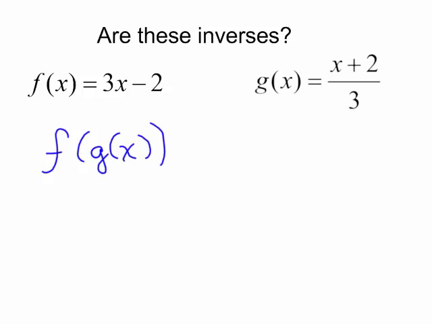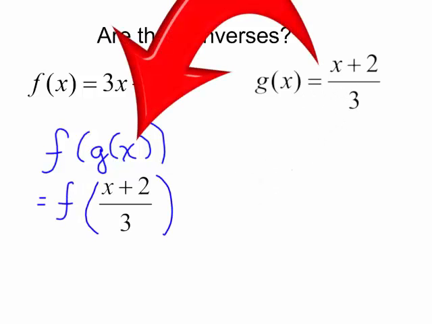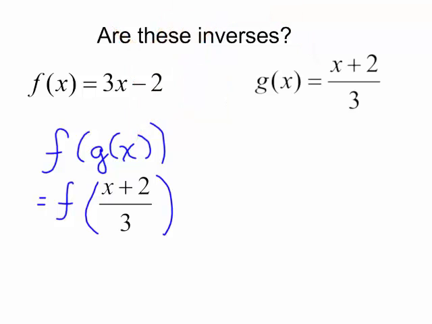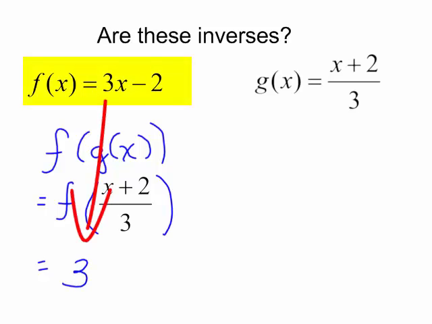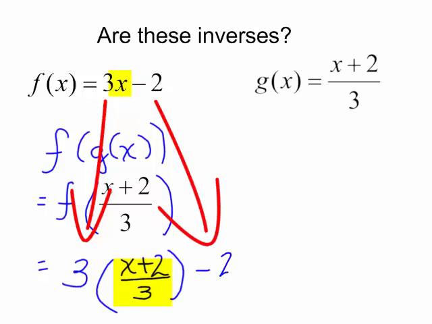So I will bring down my f, and g of x is (x plus 2) over 3. Now I'm looking at the f function, so that will be 3, and I will plug in (x plus 2) over 3. I am plugging the g function into the f function.